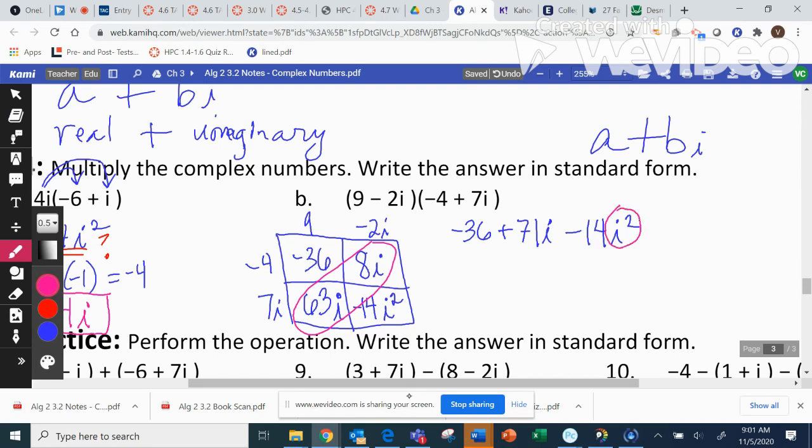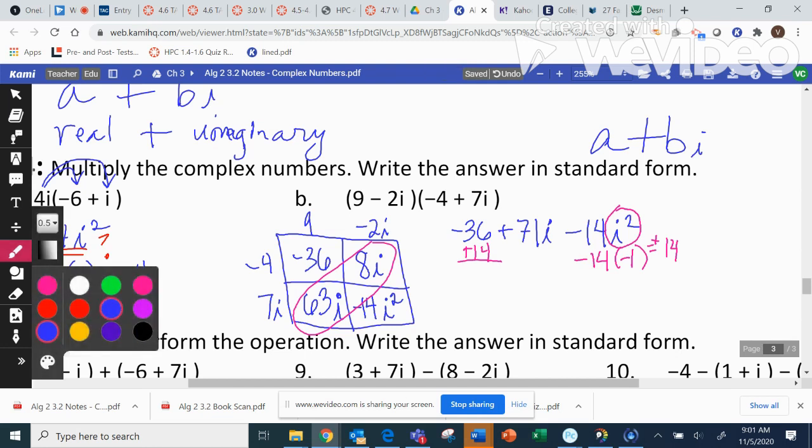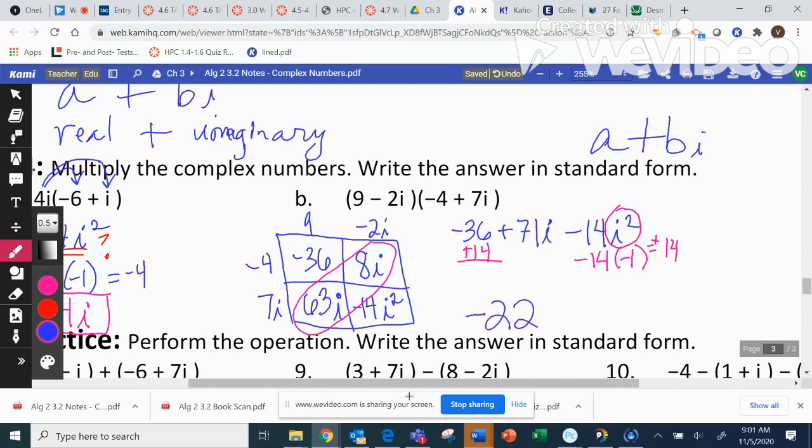So we take i squared and we say, well, that's the same thing as negative 1. So minus 14 times negative 1 is positive 14. So I can add that to negative 36. Negative 22 plus 71i.